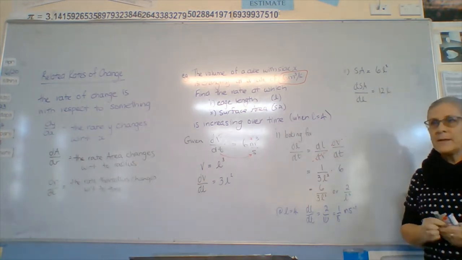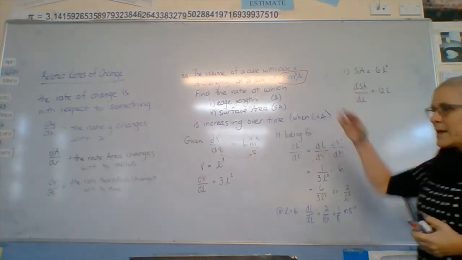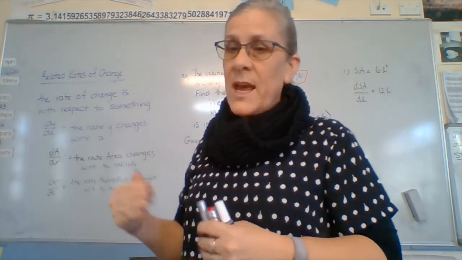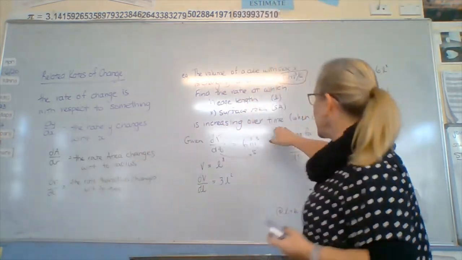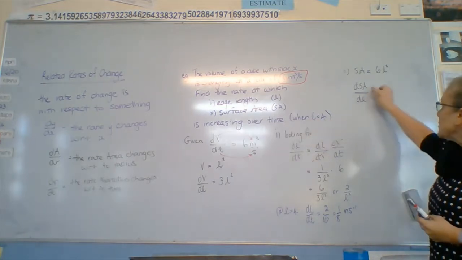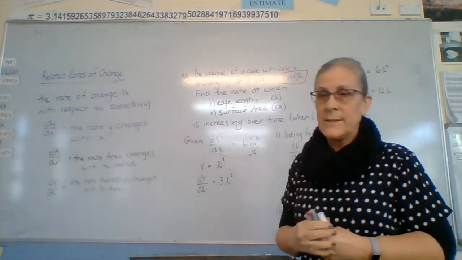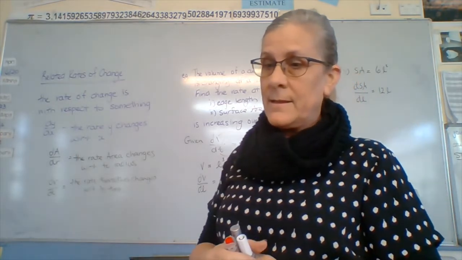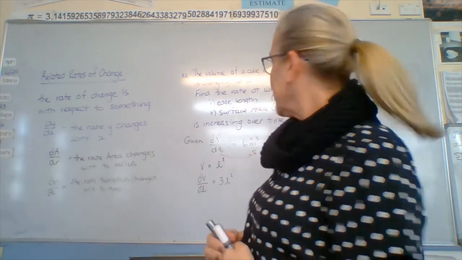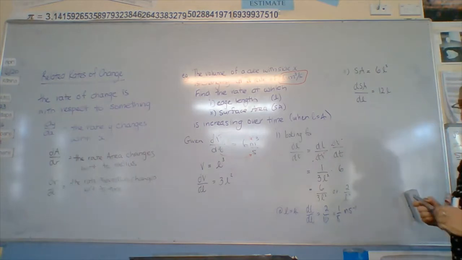All right? So if we've got 12L, then we again are trying to look at that related rate of change. We're looking for the rate at which surface area is changing over time, or when L equals 4. So surface area, how is it changing when L equals 4? We still need it to be changing over time, all right?